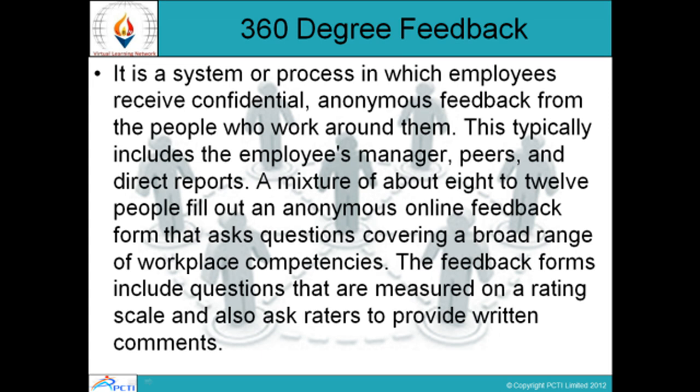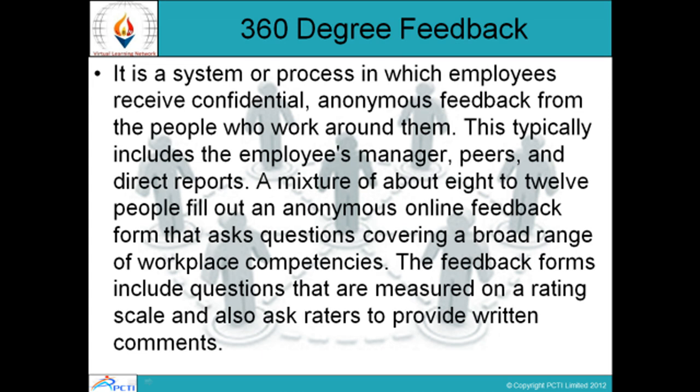So that is the very first introduction to the 360-degree method: it is a very systematic process. It keeps all the feedback of the person confidential. It could happen with the employee's manager, with the peers, or with the direct reports, but it is all about taking care of the confidentiality of the feedback.